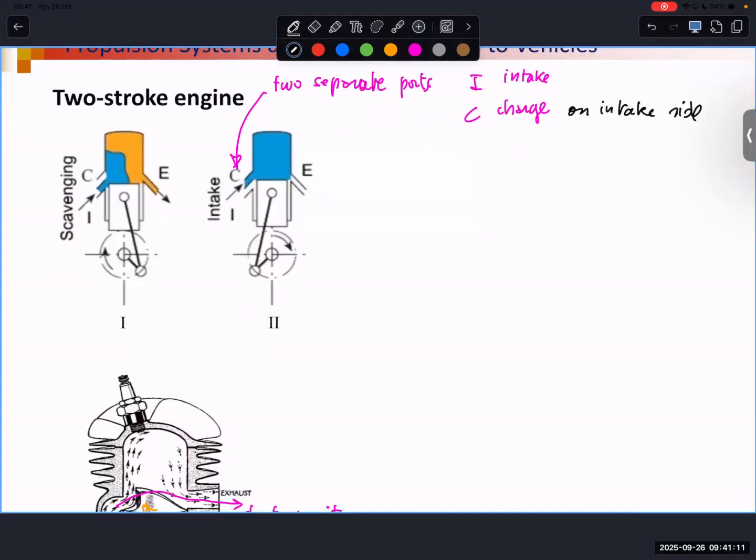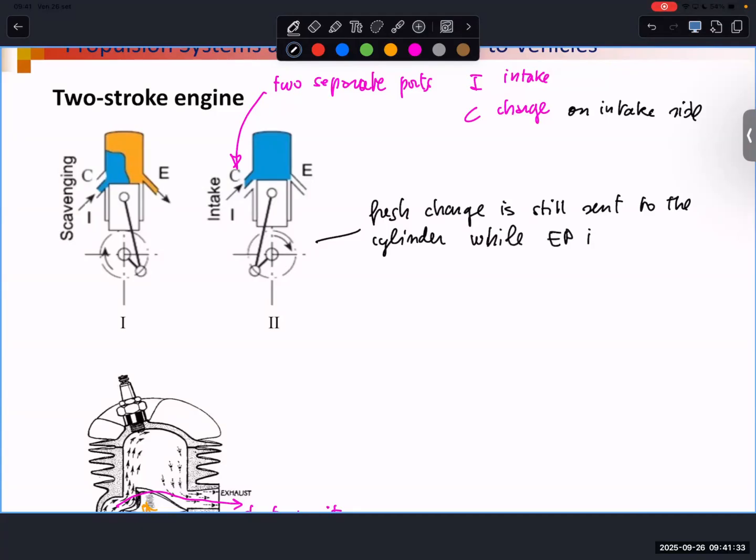So we can distinguish this phase here is called intake. So here fresh charge is still sent to the cylinder, while the exhaust port is already closed.